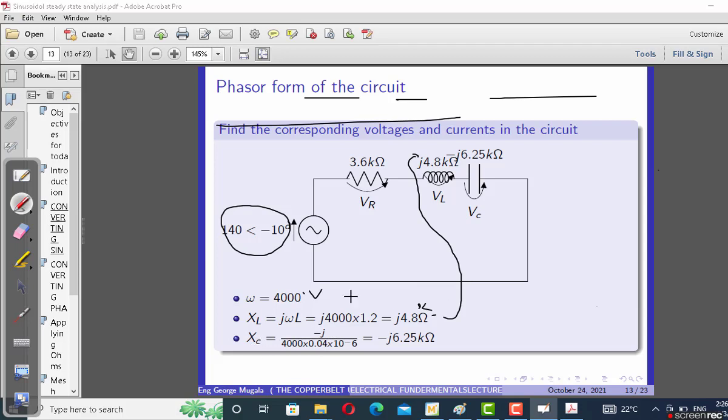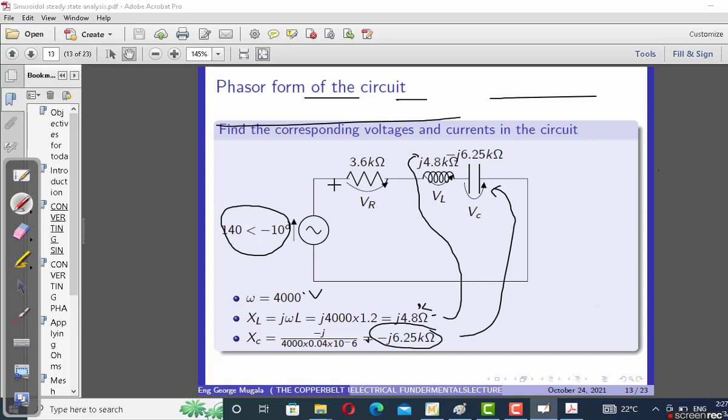XC is also calculated. We say minus j divided by 4,000, which is our frequency, times 0.04 times 10 to the power minus 6, and we get minus j, and that is it. So when you convert the circuit in this manner, you have simplified everything. This is beautiful.